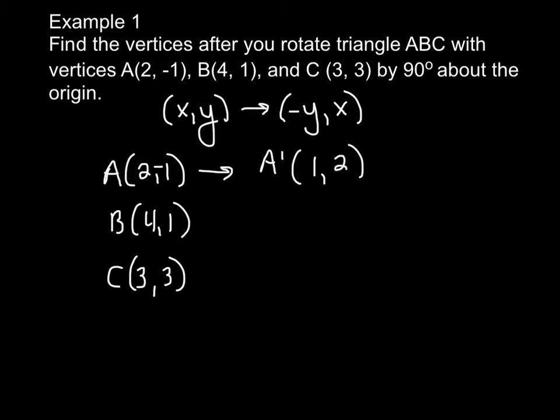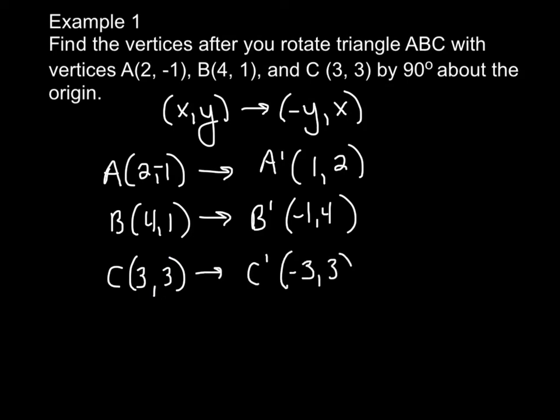We flipped them, and then took the opposite of your y value. So the opposite of negative 1 is 1, and so it becomes 1, 2. B prime, you can take the opposite of y, so that becomes negative 1, and then flip them. So that becomes negative 1, 4. Take the opposite of y, that's negative 3, flip them. So C prime becomes negative 3, 3.